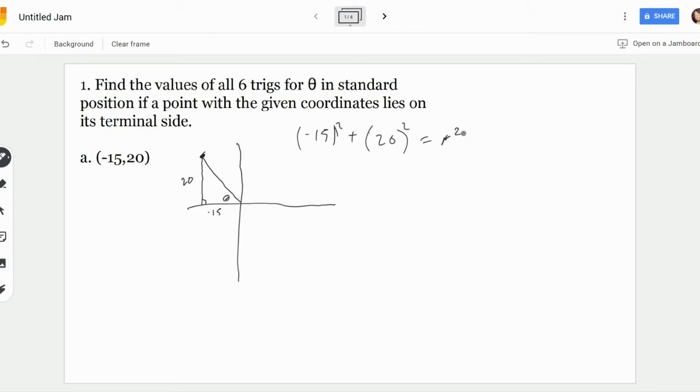We'll call it r squared. So 15 squared is 225, and then 20 squared gives you 625 altogether. And this is r squared, so you'd get 25 as that third side.